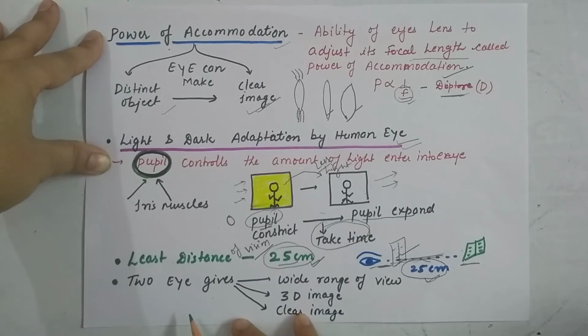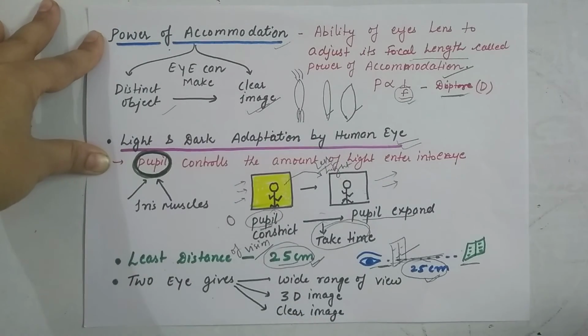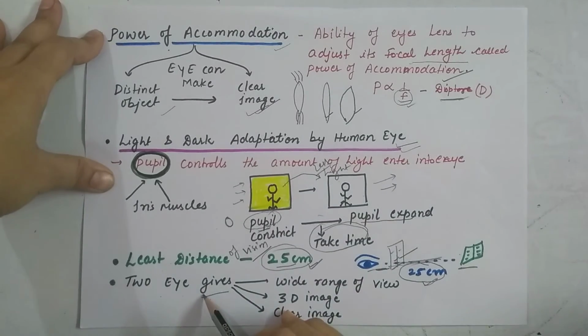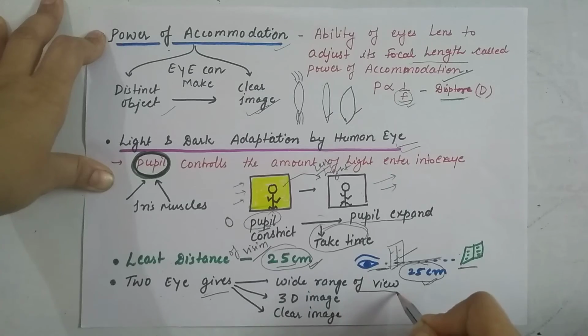One more thing: one eye is sufficient for us, because if we close one eye we are still able to see things. But why is there a need for two eyes? The importance of two eyes is that they give a wide range of view.